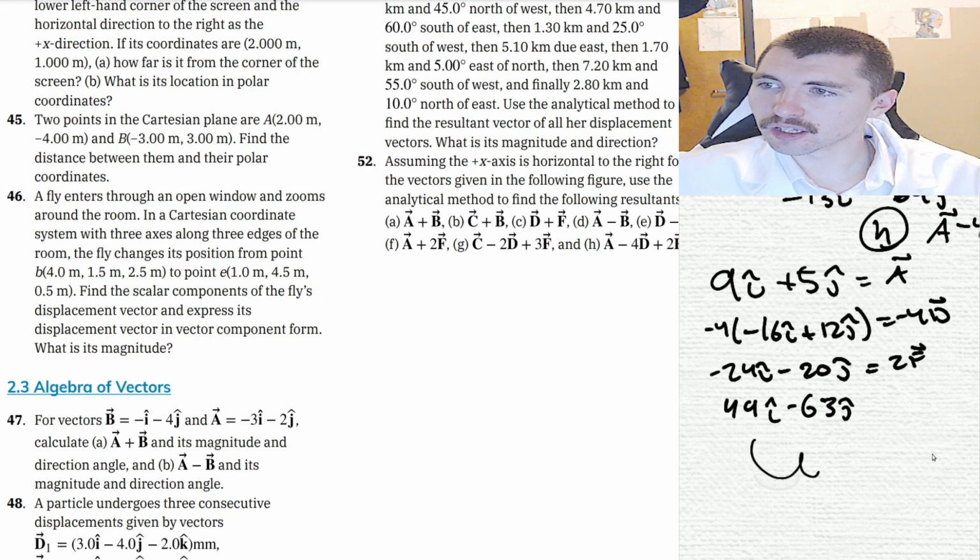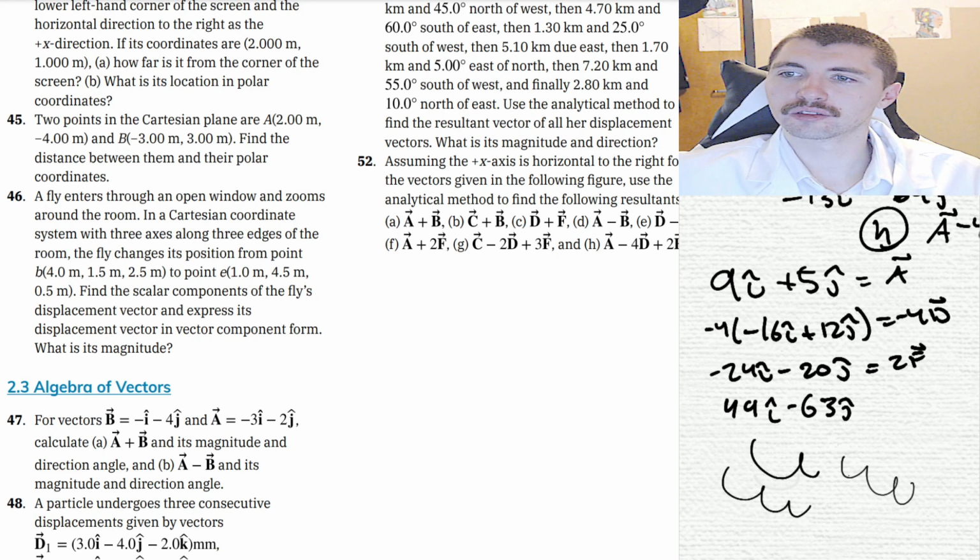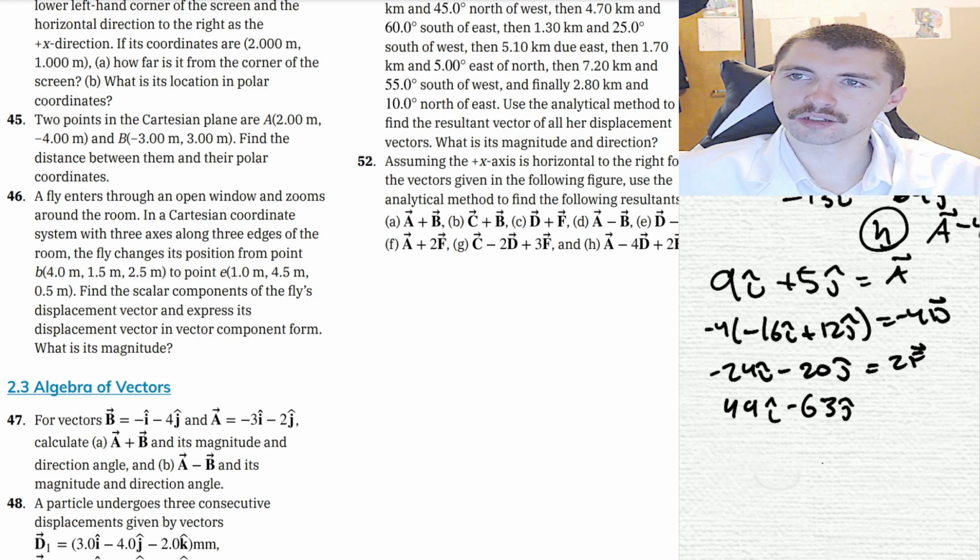Decrease brush size. Okay, that should be a little better.